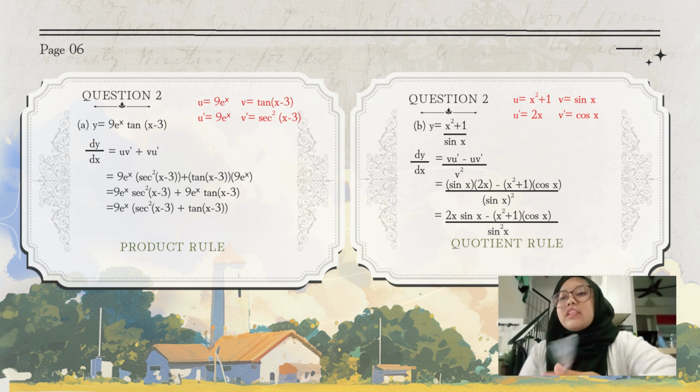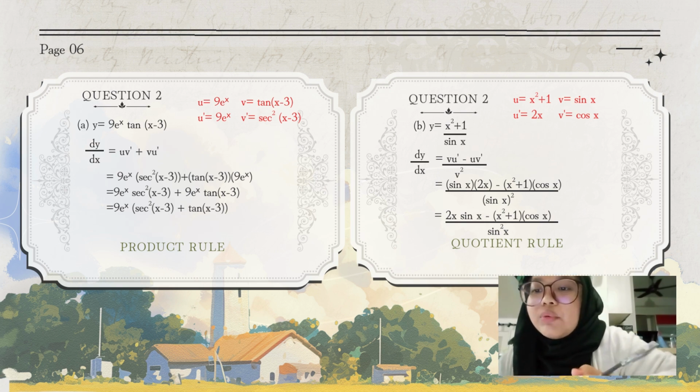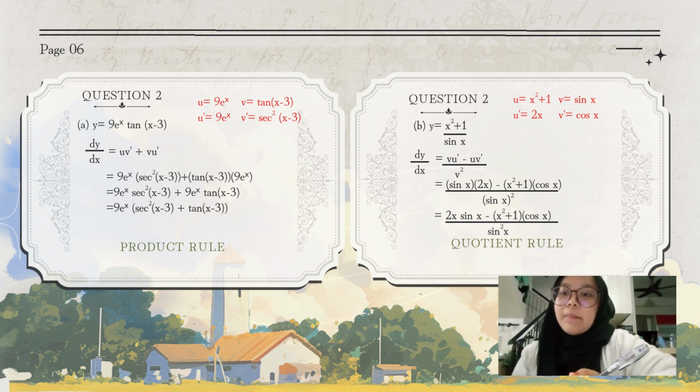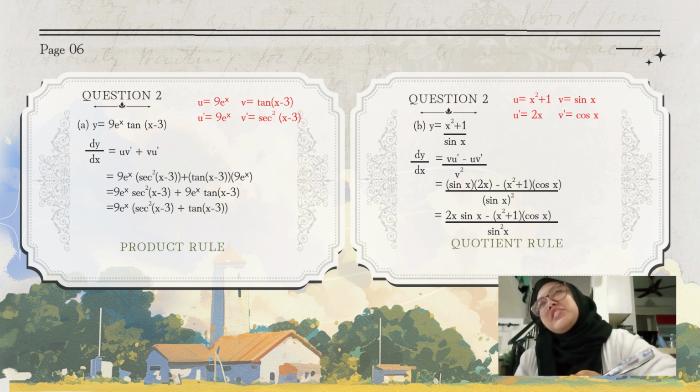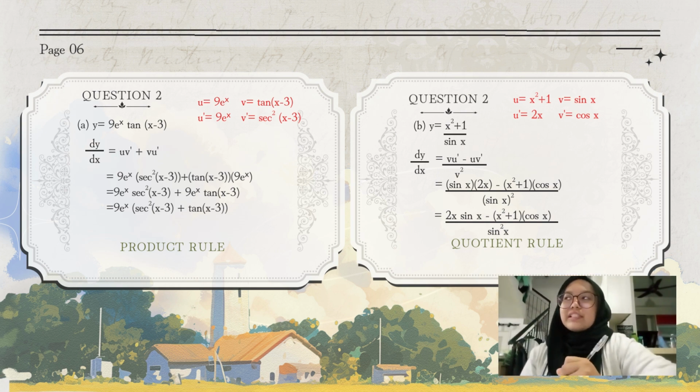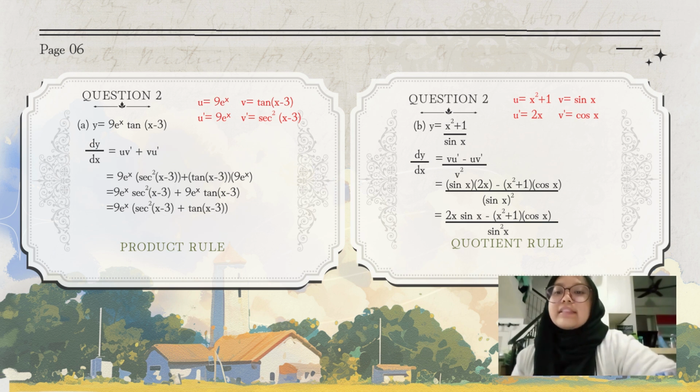So we will be using dy over dx equal to v u prime minus u v prime over v squared. So the u is x squared plus 1. So when we differentiate the number, it will become 2x. That's the u prime. For the v, it was sin x. When we differentiate sin x, it will become cos x.